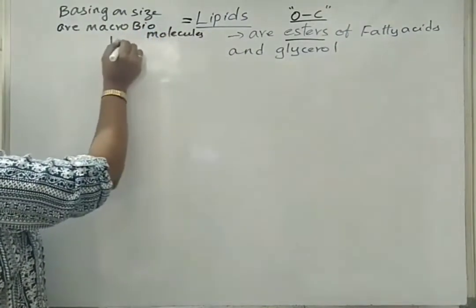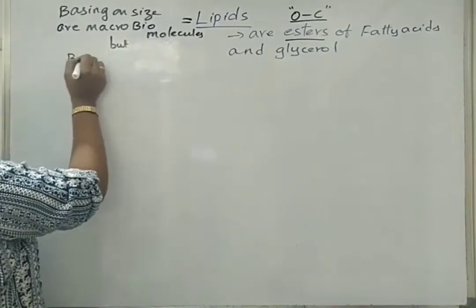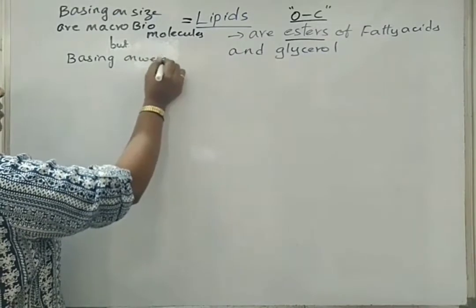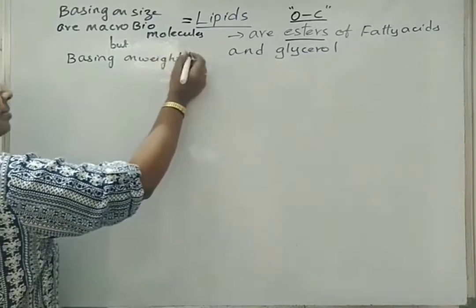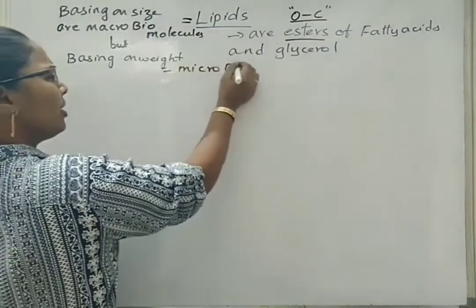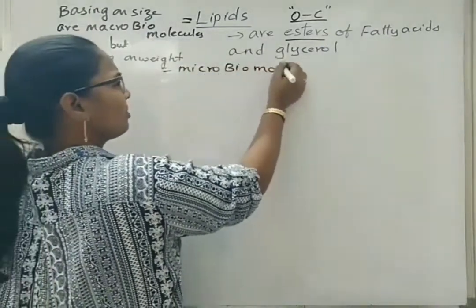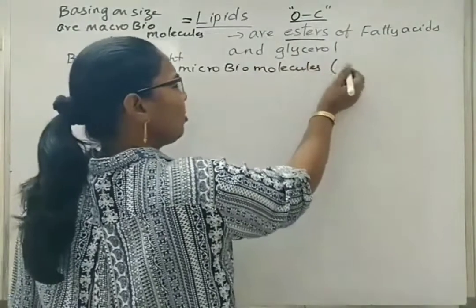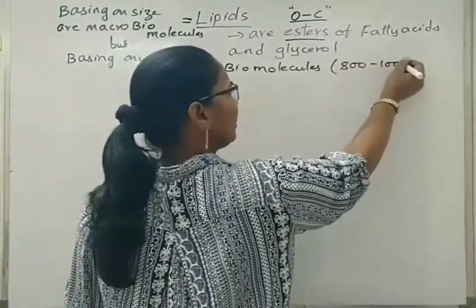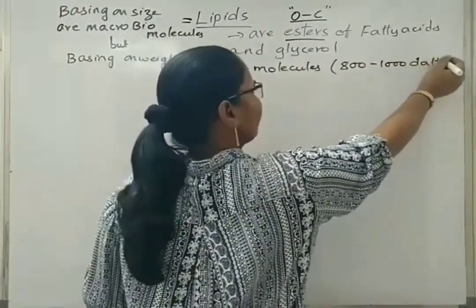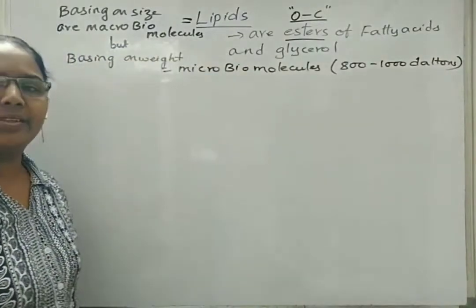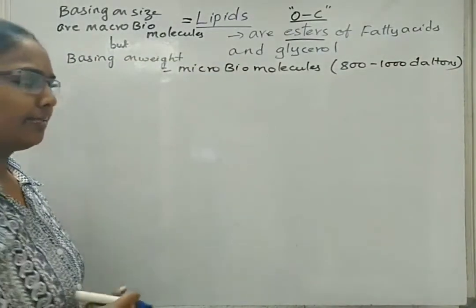But basing on weight, they are considered as microbiomolecules, because the weight of a lipid molecule is 800 to 1000 Daltons. But normally a macrobiomolecule will have a weight of nearly 10,000 Daltons.